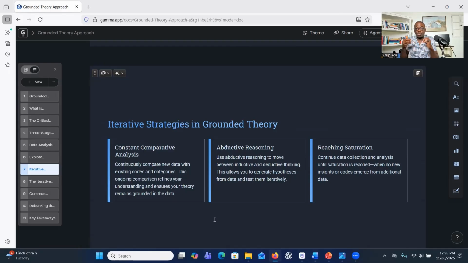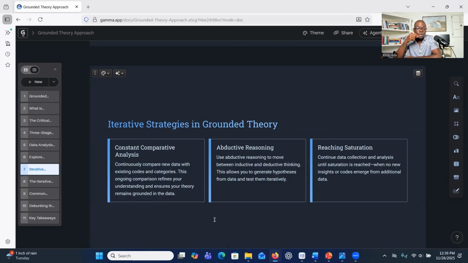You can also do the same thing when you reach the theoretical coding stage, where you explore relationship between themes. So constant comparative analysis is so important, constantly comparing what you are doing with the data to make sure that the data reflects what you are doing. Sometimes you may have to go back and interview some participants to get more information, especially when you have limited information for coming up with a connection between the codes or the themes, or you want to develop a theory but the initial data is not enough.